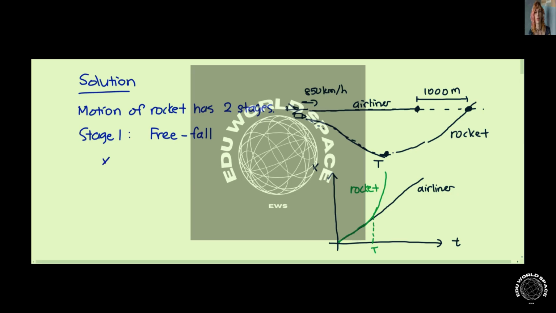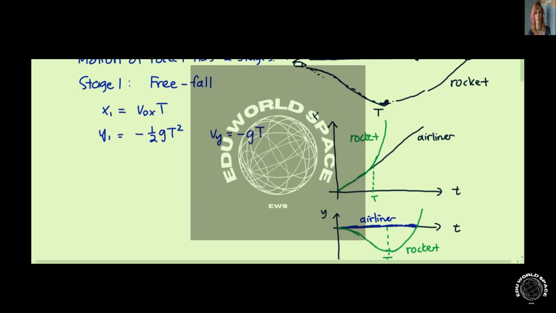So x1 equals v0x times t, and then y1 is minus half g t squared, and we also note that vy is equal to minus g t.